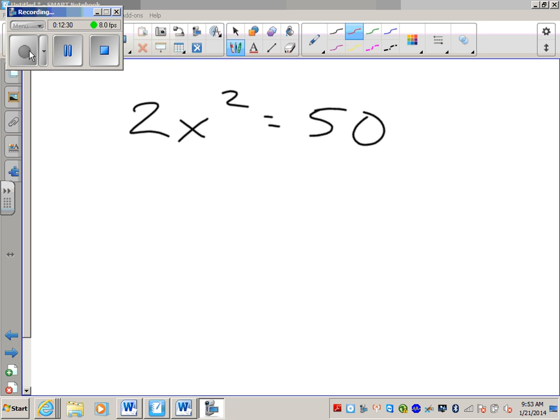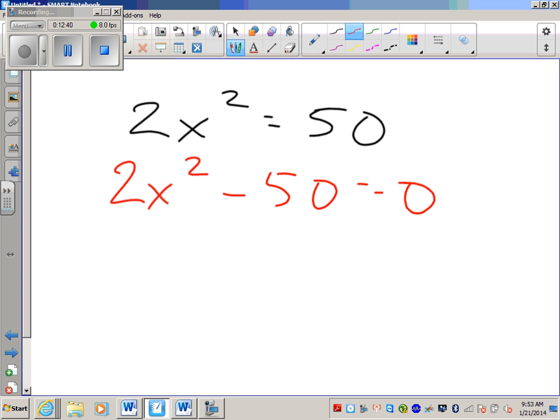Is there a, well, let's first of all, let's move this 50 over to the other side. Now, first thing we look for, GCF. Two terms, difference of squares.